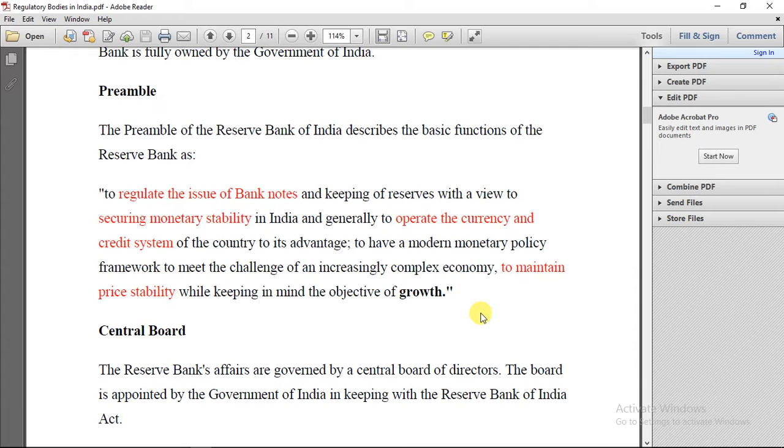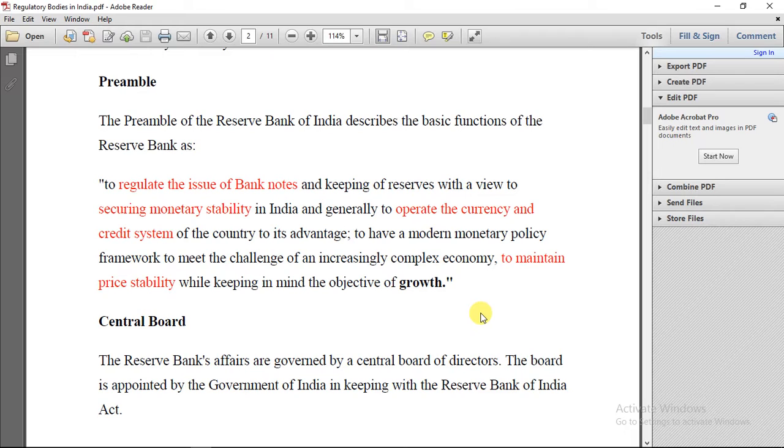The preamble of the Reserve Bank of India describes the basic functions of the Reserve Bank as to regulate the issue of banknotes and keeping the reserves with a view to securing monetary stability in India and generally to operate the currency and credit system of the country to its advantage, to have a modern monetary policy framework to meet the challenge of an increasingly complex economy, to maintain price stability while keeping in mind the objective of growth. So from preamble we have understood the basic functions of RBI.